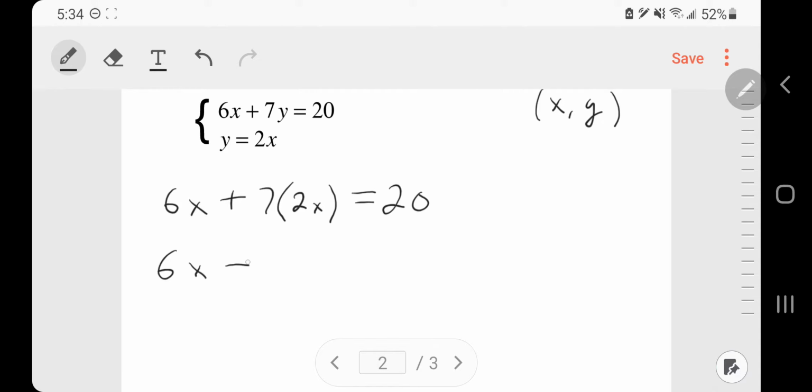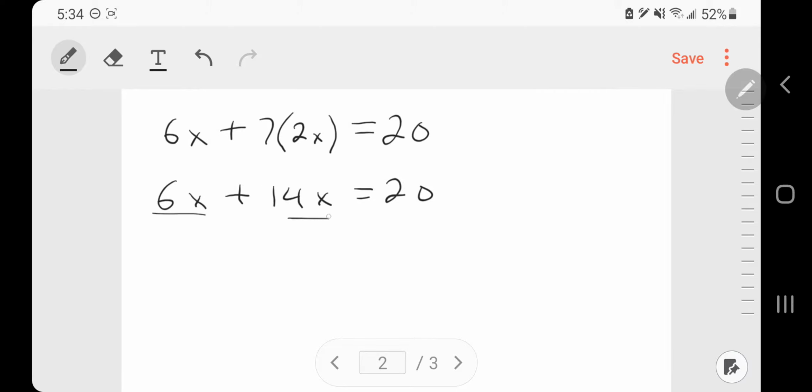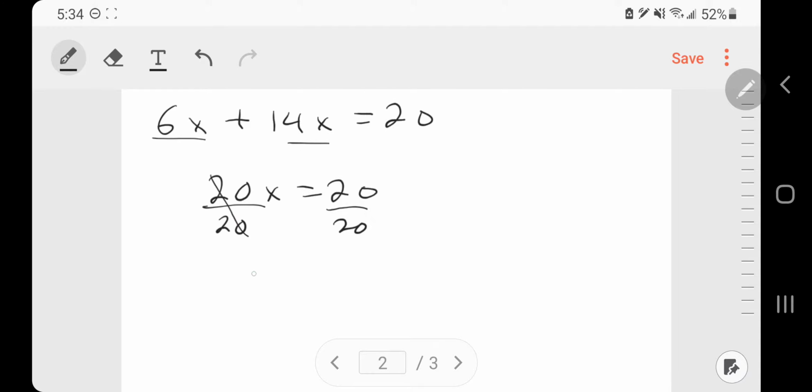So we get 6x plus 7 times 2x is 14x equals 20. Combine my like terms, I get 20x equals 20, and then divide by 20 on both sides, and I get x equals 1.